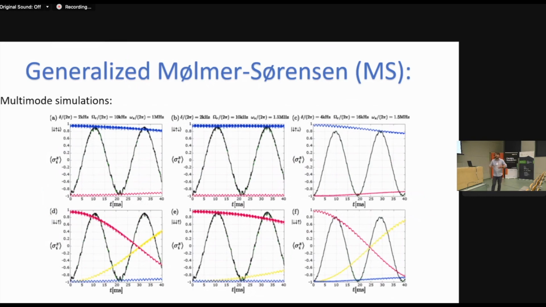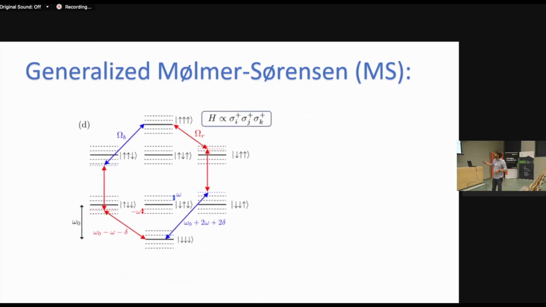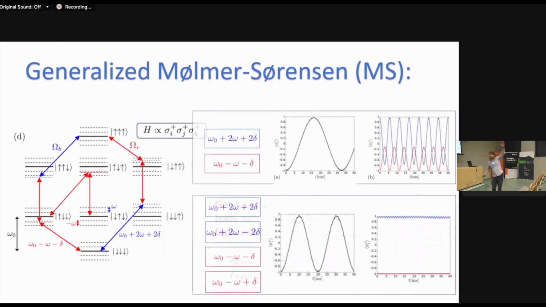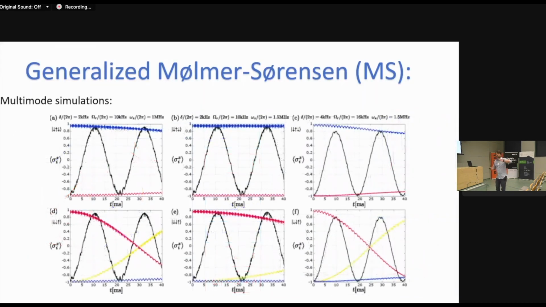And therefore, you really have to suppress the effect of the other modes. And that can be done by squeezing the trap frequency such that the distance between the phonon modes becomes larger. So if you compare these two figures here, for instance, this is for a longitudinal trap frequency of 1 megahertz.